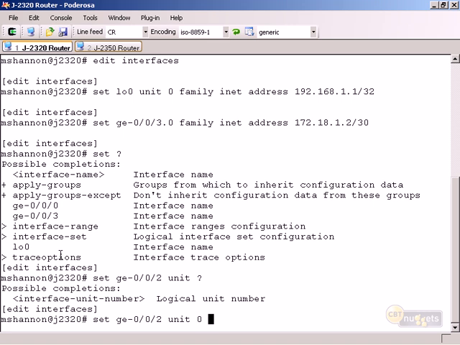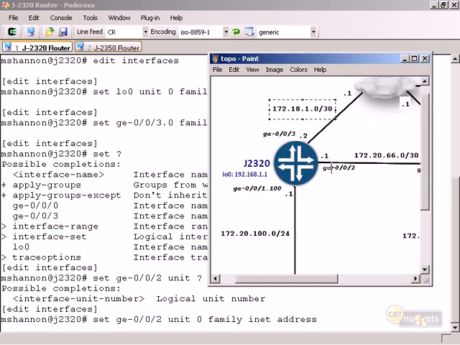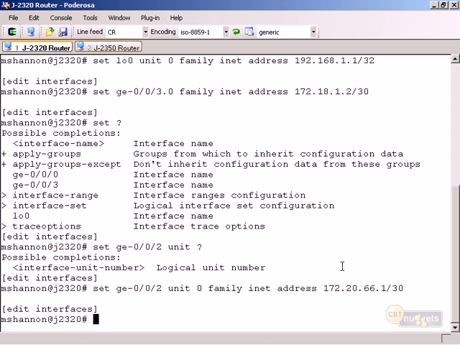Unit 0, and then this is also family INET, hitting the space bar here, and the address. Looking at the topology, let's look at the topology again. Right here is 66.1/30. Okay, so let's go ahead and 172.20.66.1/30.